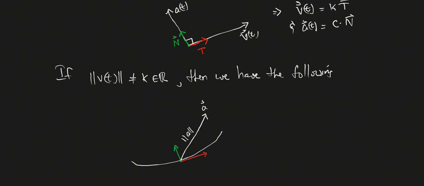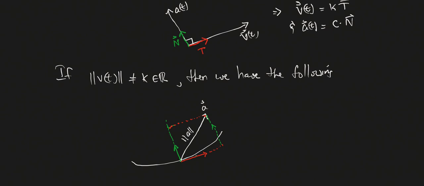So what I would like to do is to express this vector A as the sum of multiples of T and N, right? So basically, if I were to complete my parallelogram, so if I did it like that, and then like this, and then this is also my red vector, and then this is my green vector, right?